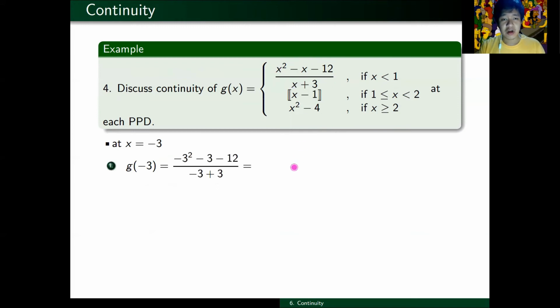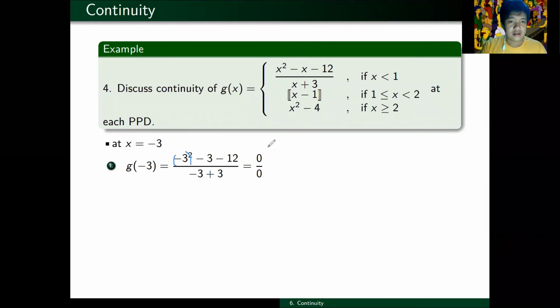If you try to plug in, I get this. This is -9 minus 3 minus 12. Sorry, this should be inside parentheses. Ayusin lang natin. Sorry.